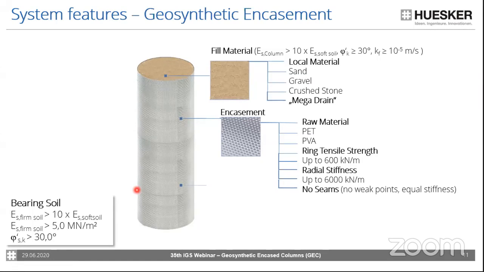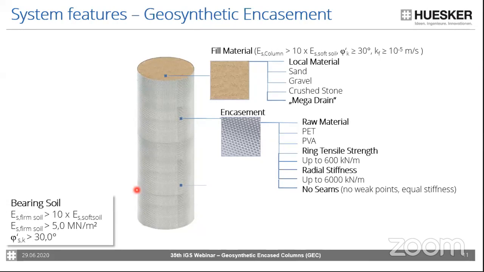The other part of the column is of course the fill material. So there are some basic criteria that it should be, for example, 10 times stiffer than the surrounding soft soil, and the friction angle should be larger than 30. And also it should be a granular and highly permeable material due to the effect of the mega drain we have talked about earlier.